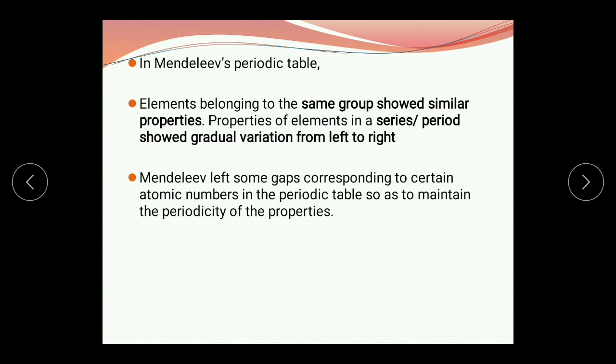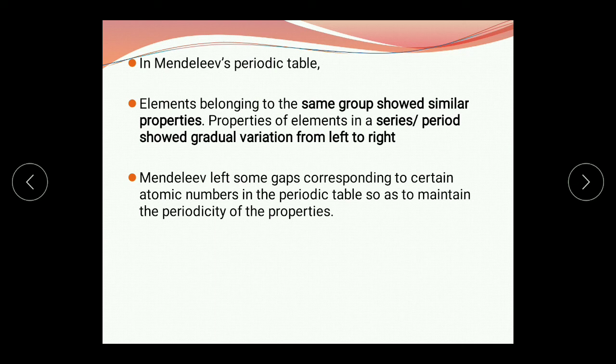Mendeleev left some gaps corresponding to certain atomic numbers in the periodic table so as to maintain the periodicity of the properties, because he had to keep the elements with similar properties in one group. So some gaps he left, and he said that after the discovery of new elements with similar properties, you may find they have this place.